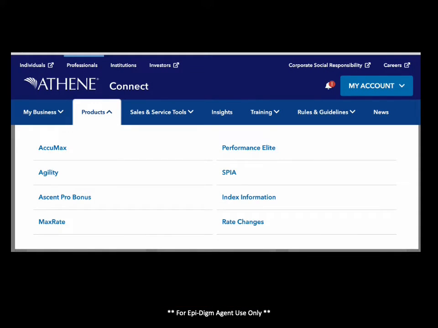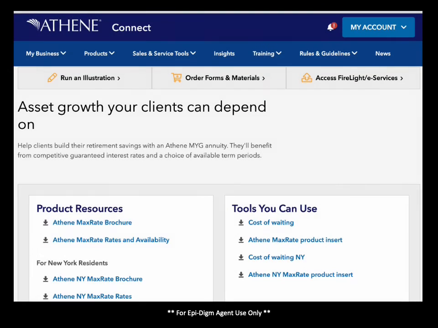Now let's go to the Athene product. Athene's fixed annuity. What is Athene's MYGA called? Max Rate. You have to sign on to see this. You cannot see any information unless you are the agent. So you click on Max Rate.